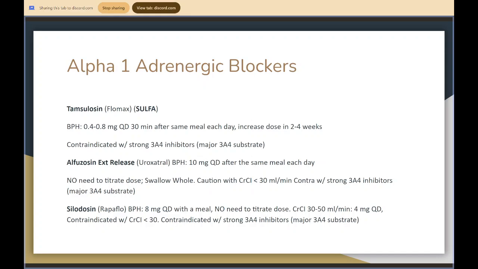Silodosin is Rapaflo. There's no need for titration here. Creatinine clearance 30 to 50 mL per minute, we reduce the dose 50% to 4 mg, and it is contraindicated if the creatinine clearance is below 30. It's also contraindicated with strong 3A4 inhibitors because it is a major 3A4 substrate.